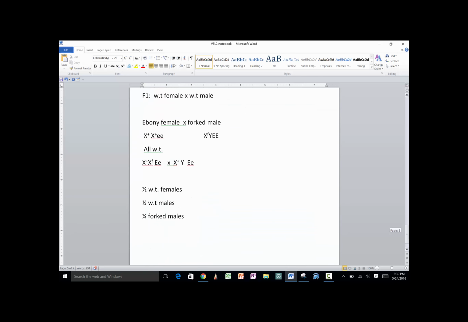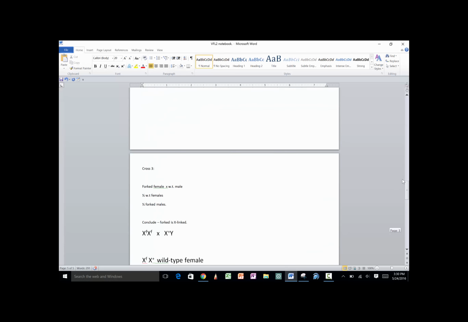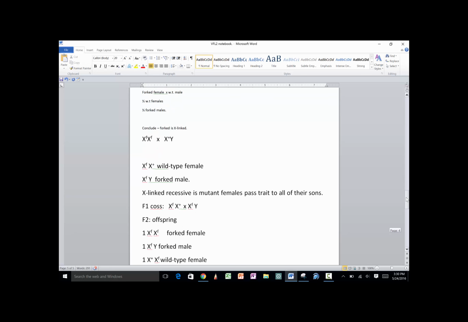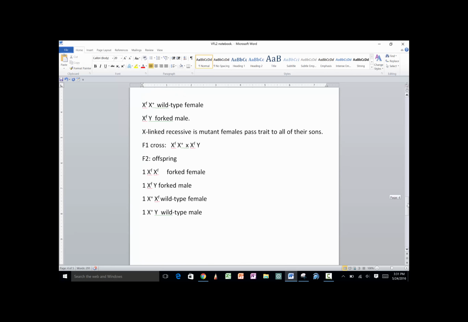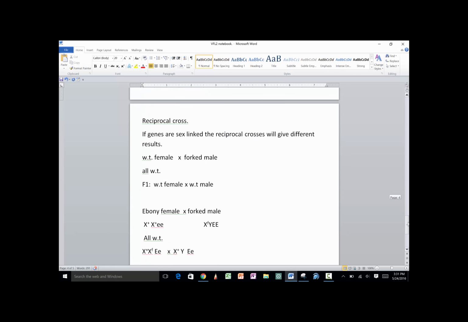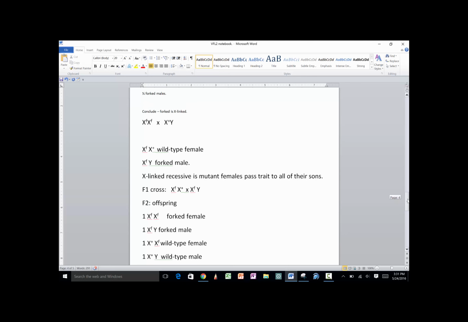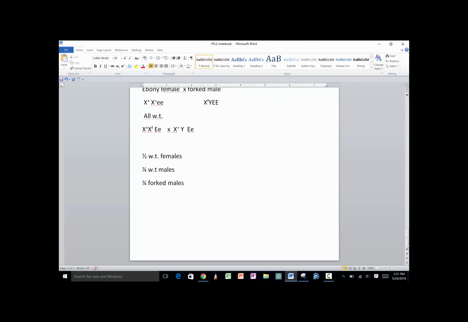When we did the reciprocal cross, what happened? Didn't I type that in there before? Well, anyways, I thought I had typed that in.